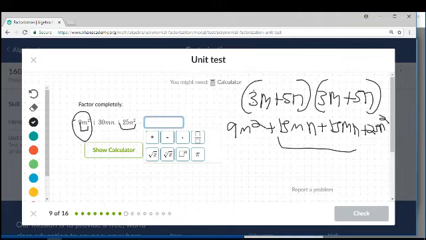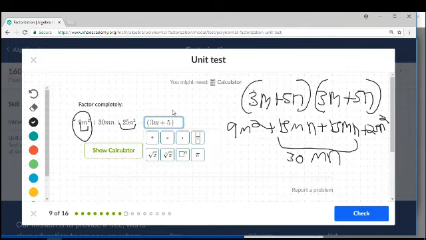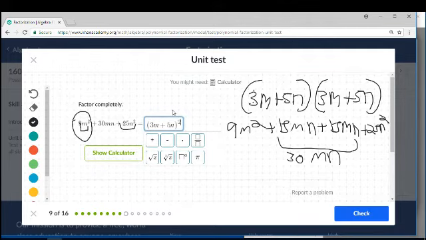And 15mn plus 15mn is 30mn. So we can break this down as 3m plus 5n, and anything multiplied by itself is squared. So we can write this as such.